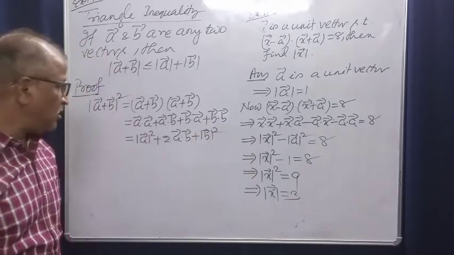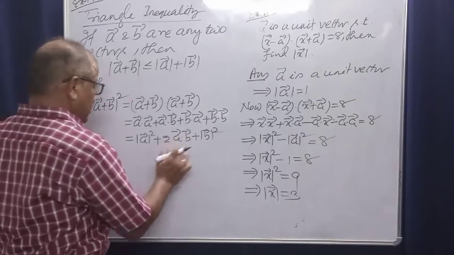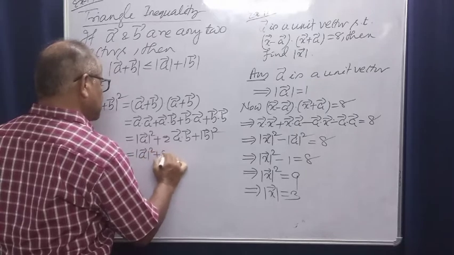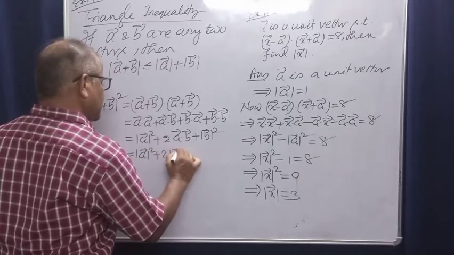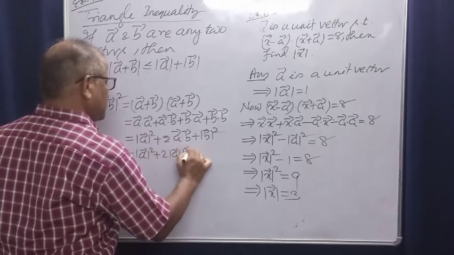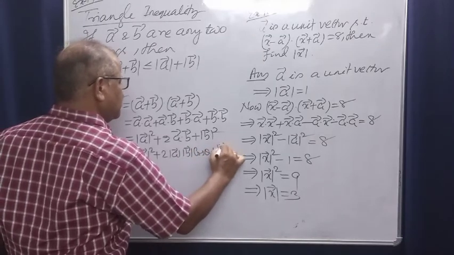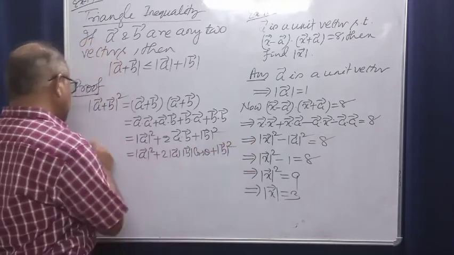Very simple. Now, what is A dot B? This is equal to magnitude of A square plus 2 into magnitude of A into magnitude of B cos theta plus magnitude of B square. What is theta?